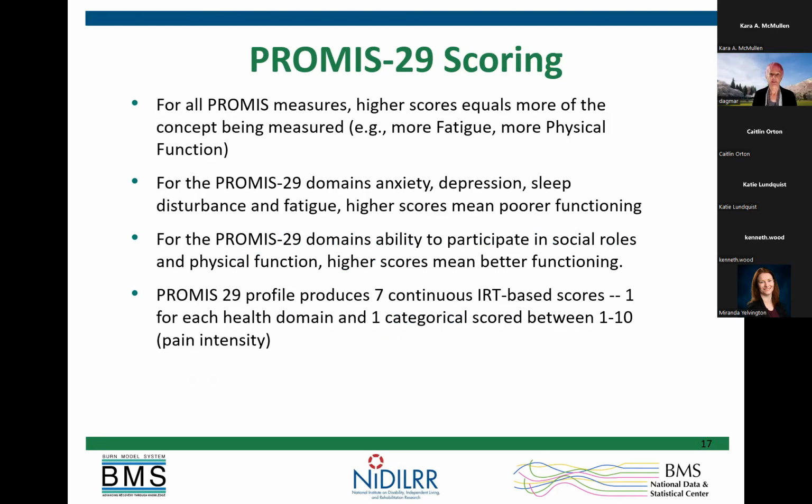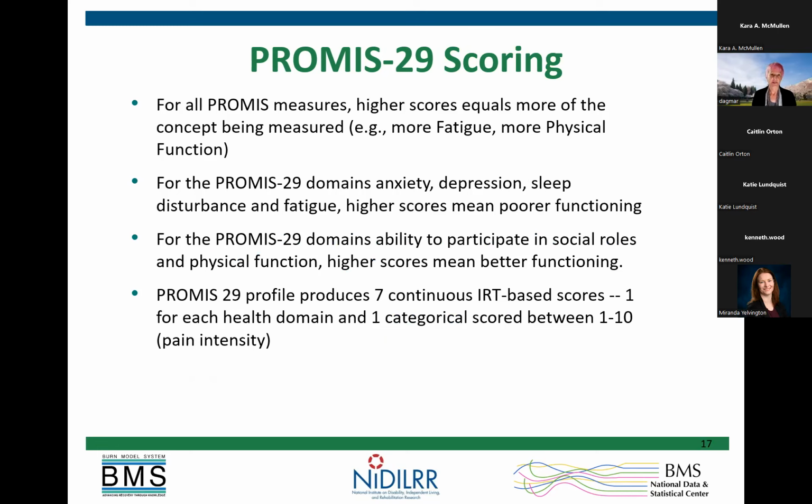Scoring is done the same way that all of the PROMIS measures are scored. The higher score indicates more of what is being measured. So a higher score on fatigue indicates more health problems, while a higher score on physical function indicates better health.